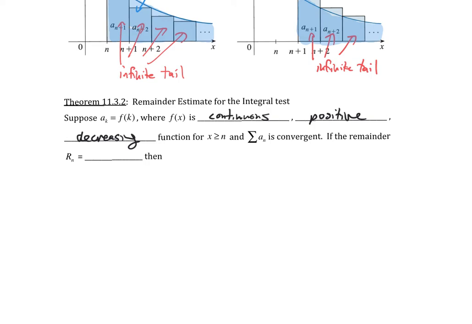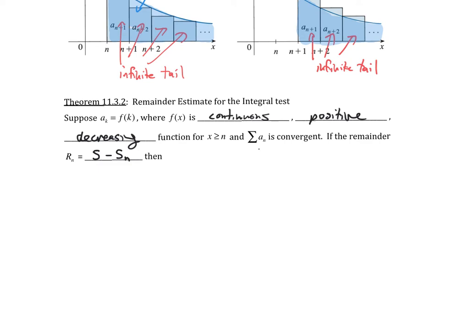And in order for us to really talk about approximating a series, we needed our series to be convergent. If that was the case, then we can describe the remainder to be exactly the sum of the series minus the partial sum.